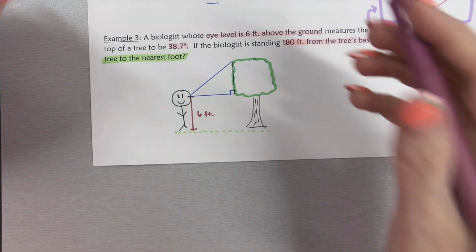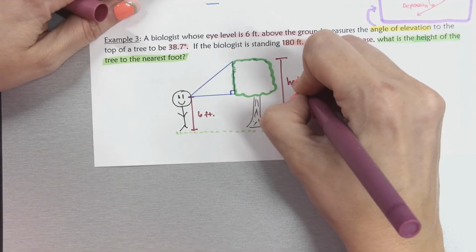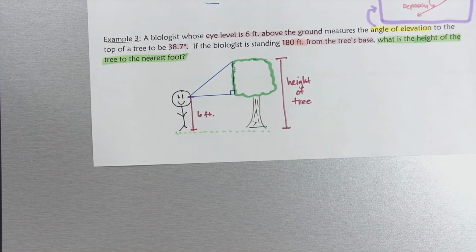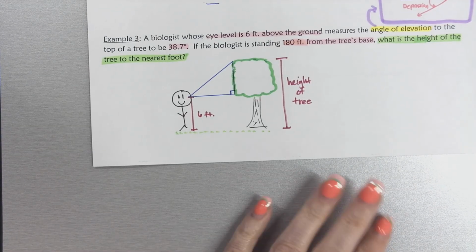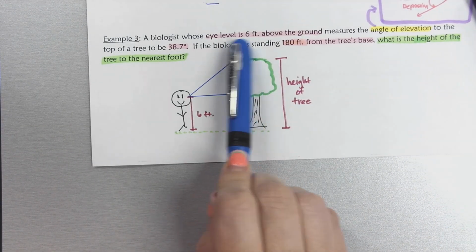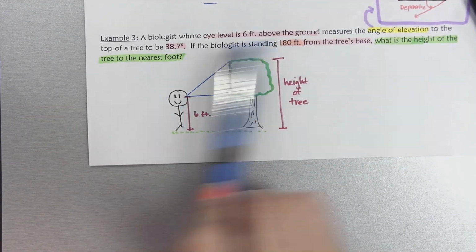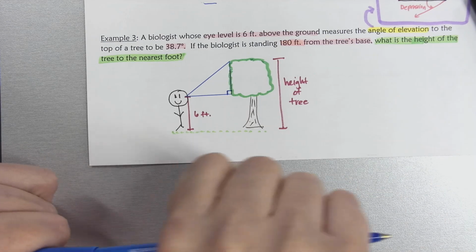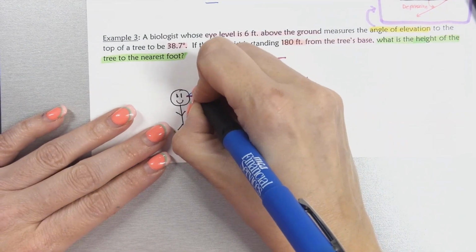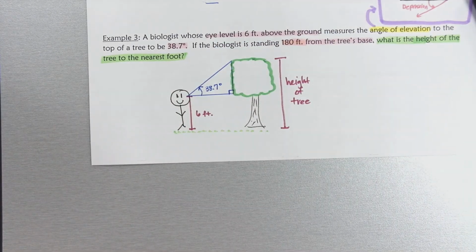So we are trying to find from here to here. Okay, so I have the 6 feet and the angle of elevation to the top of the tree. So elevation starts from the horizontal, which is here. Okay, so I'm going to label this as 38.7 degrees.